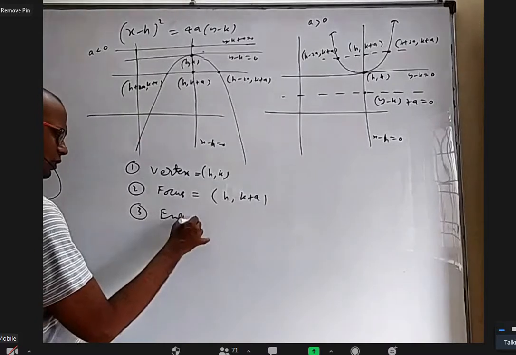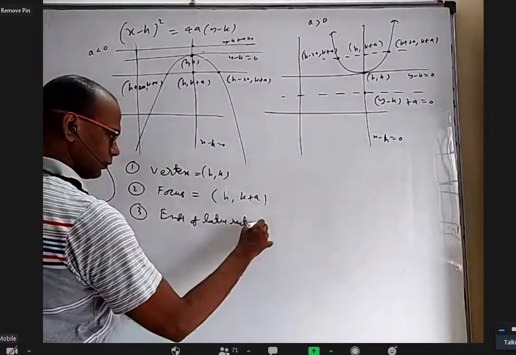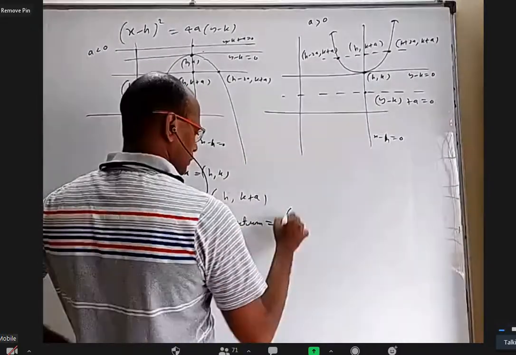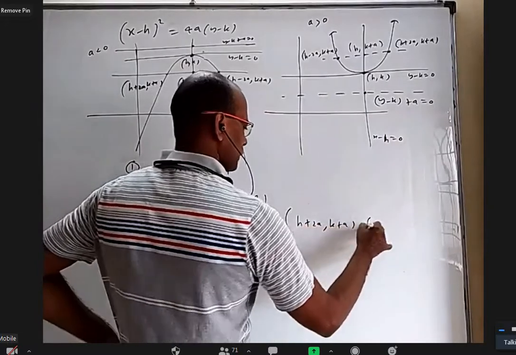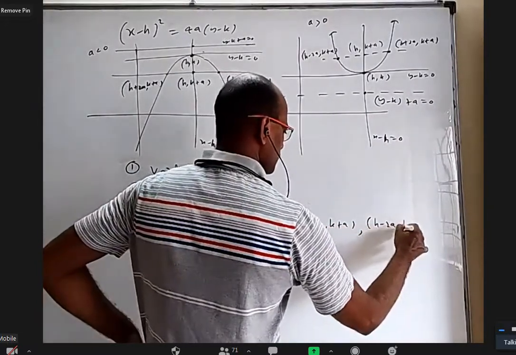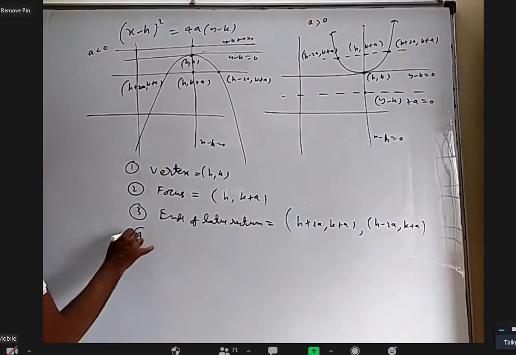Ends of latus rectum: (h plus 2a, k plus a) and (h minus 2a, k plus a).